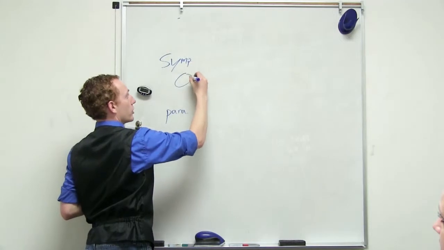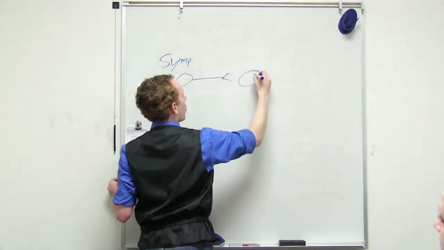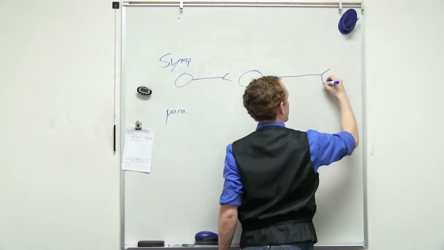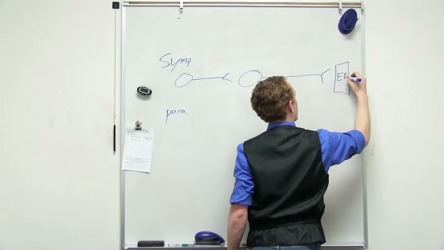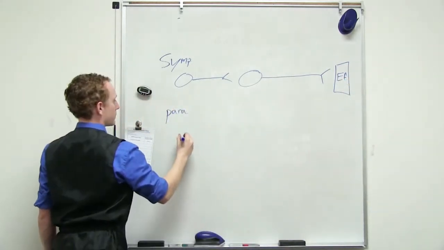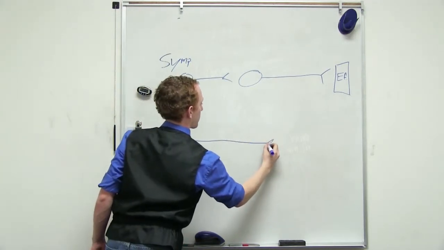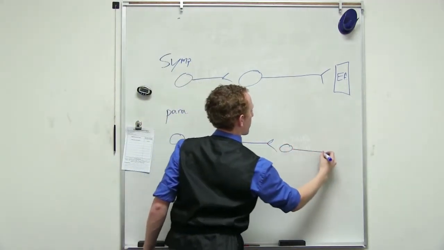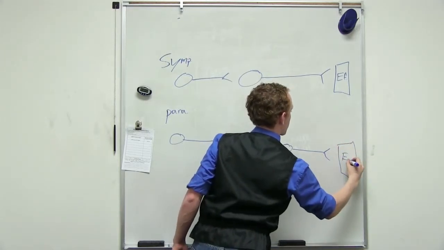We have a short pre-ganglionic neuron and then a long post-ganglionic neuron to the effector. And then the parasympathetic has a long pre-ganglion, and then a short post-ganglion to the effector.